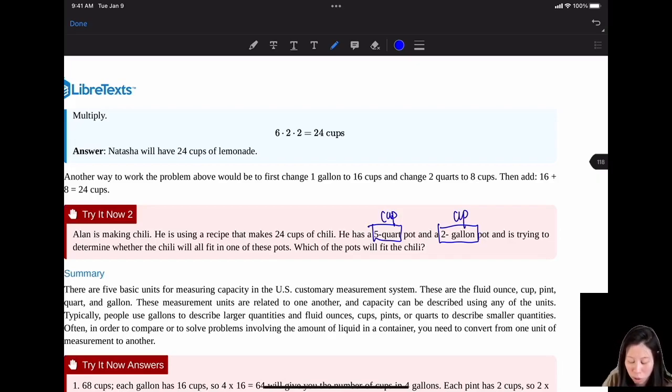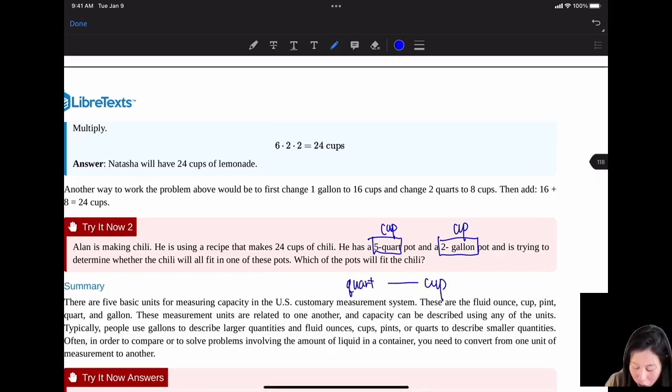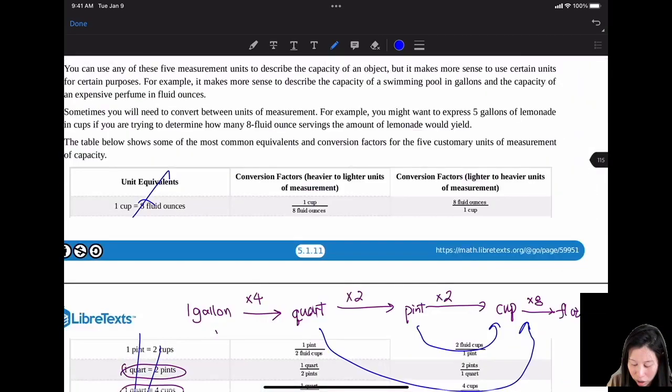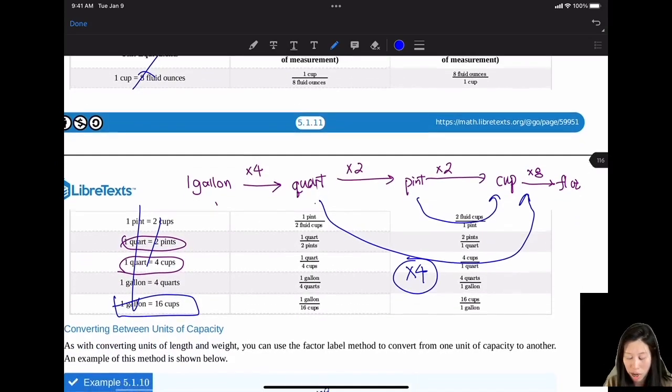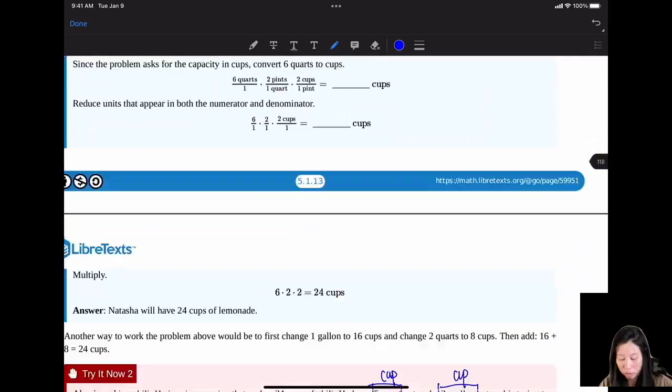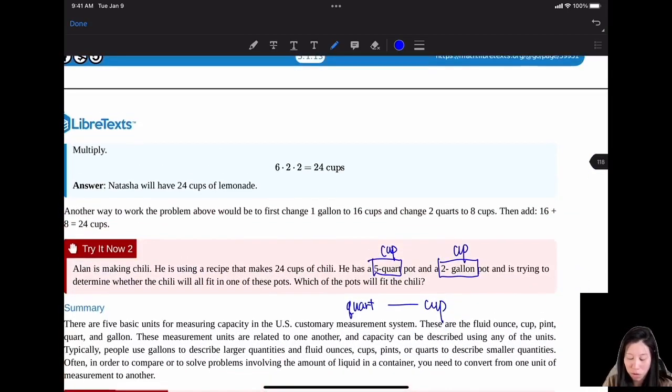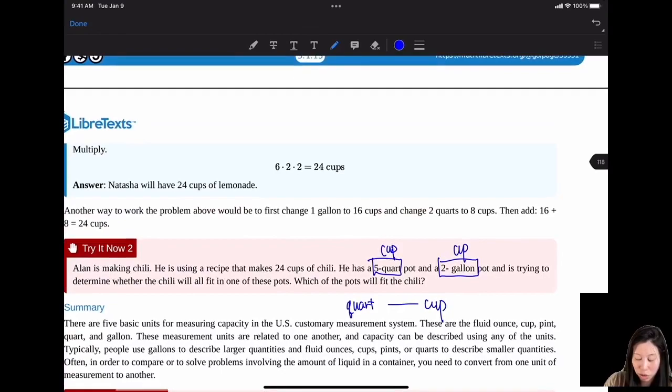Okay, 5 quart. From quart to cup, look at the chain. From quart to cup, we need to times 4, right? So 5 quarts times 4 is 20 cups.